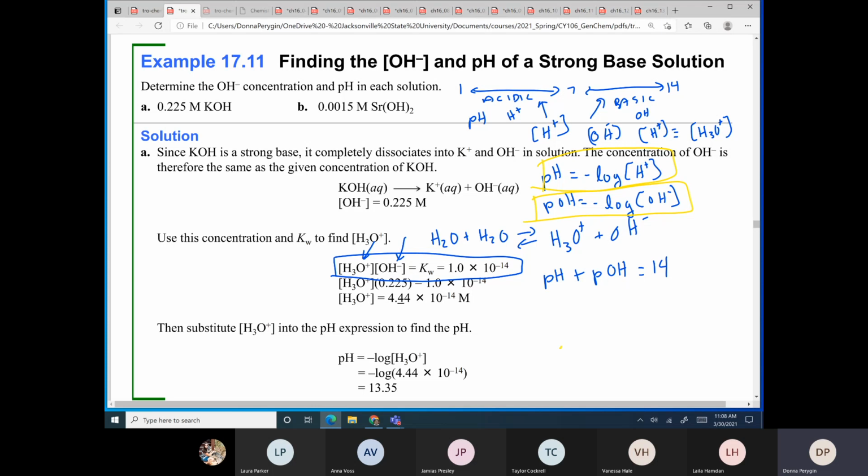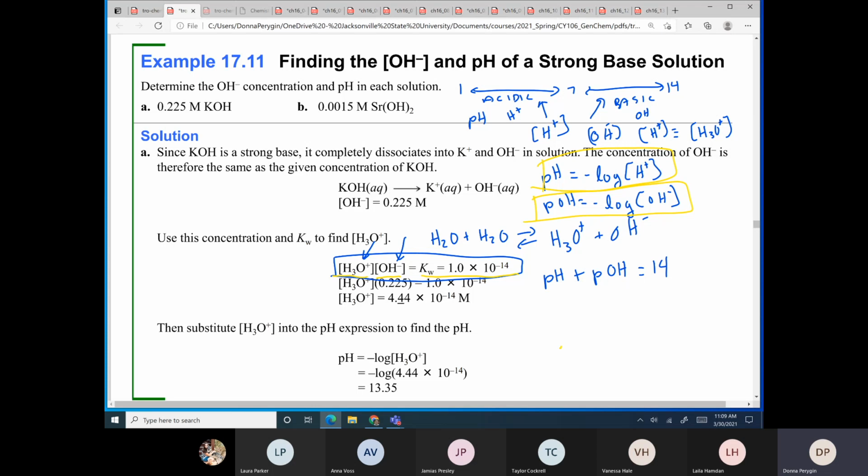We also can calculate one from the other, because due to the autoionization of water, we have this relationship where the hydronium ion concentration and the hydroxide ion concentration are in a constant equilibrium, where the Kw is going to be equal to 1 times 10 to the minus 14.